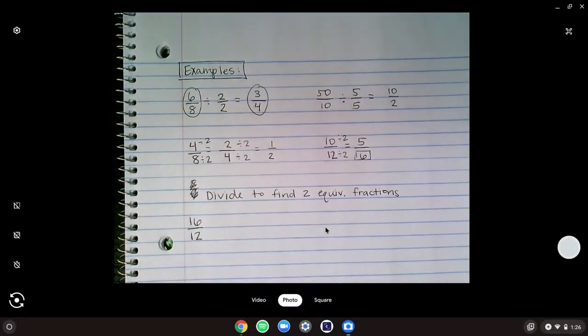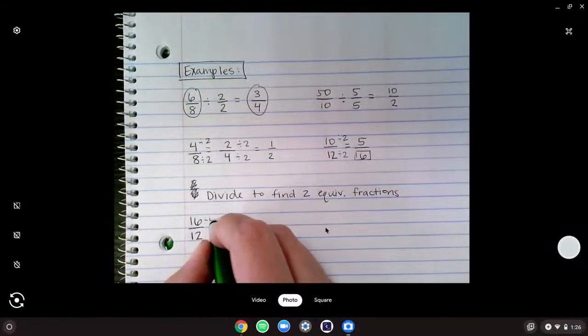Taking a look, what could we divide both of these by? What could we divide 16 and what could we divide 12 by? What do you think? Camille? I could do by 4, right?